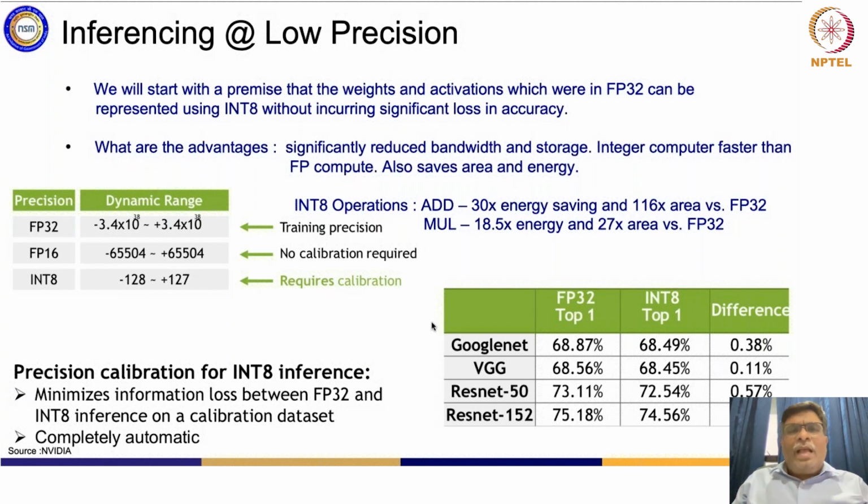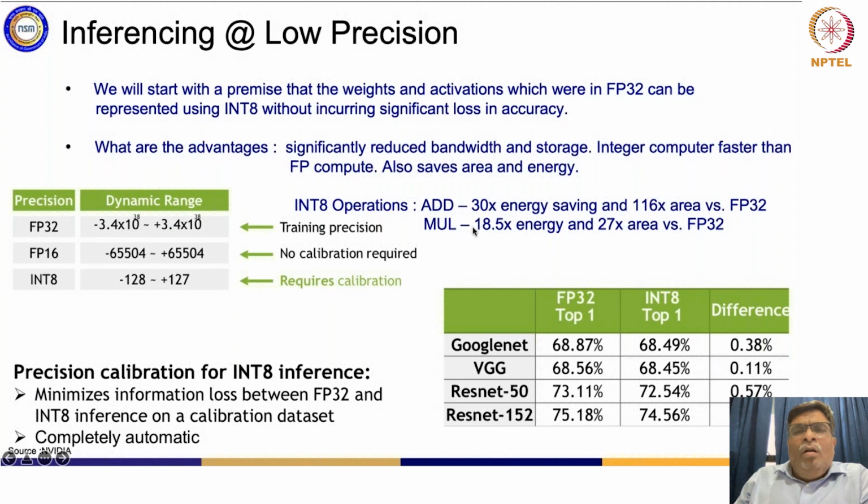So let's try to understand: if you do an add operation as an int 8 operation instead of an FP32 operation, you are going to save 30x energy and 116x area as against doing it in floating point 32.